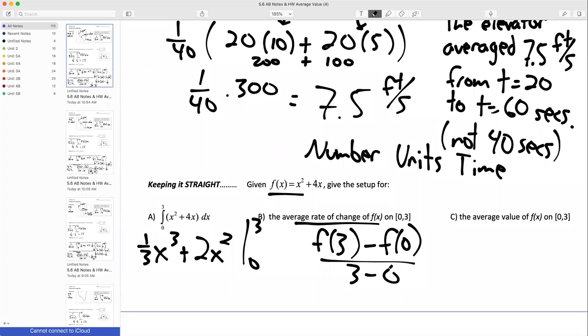And then finally, we have the average value of the function on the interval from 0 to 3. Average value of the function is 1 over b minus a times the integral. So I've got 1 over 3 minus 0 times the integral from 0 to 3 of f of x dx. And f of x is x squared plus 4x in this case.